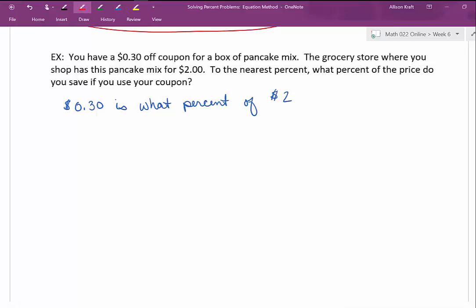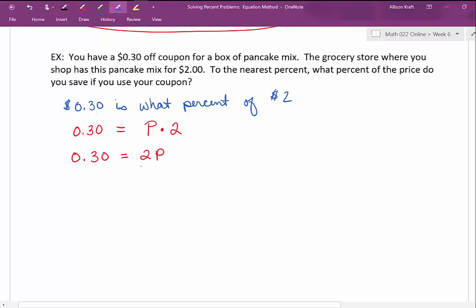So let's translate. We start with 0.30 is means equals what percent, that's our unknown. Since they're asking for a percent, I'm going to use the variable p to remind myself at the end that I need to convert to a percent. Of means multiplication, $2. I'm going to rewrite this a little nicer. 0.30 equals 2p.